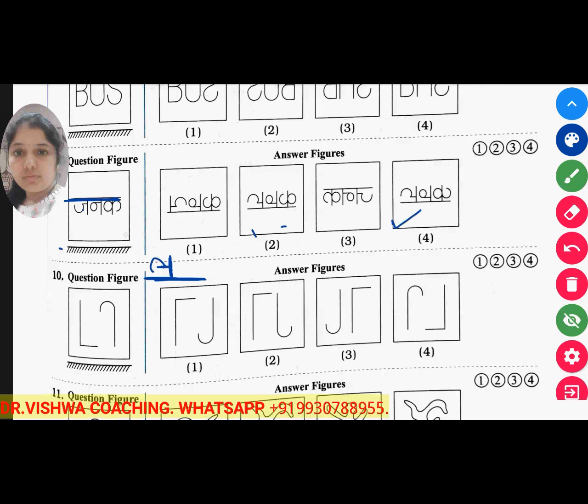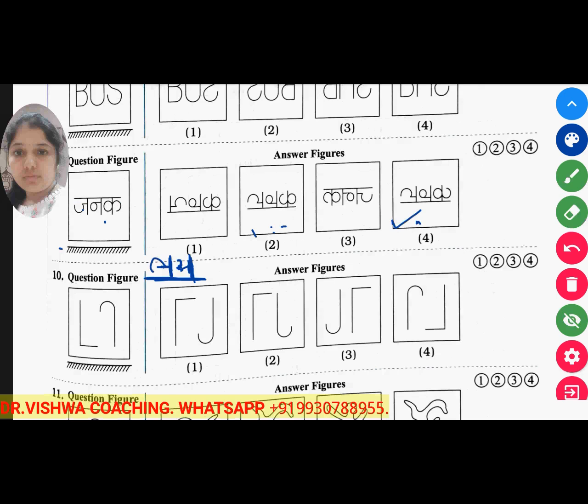Now see, this na also remains towards the left only. So this na will look like this. So here the na is looking like this. Here also na is looking like this only. Now we will check for the ka.